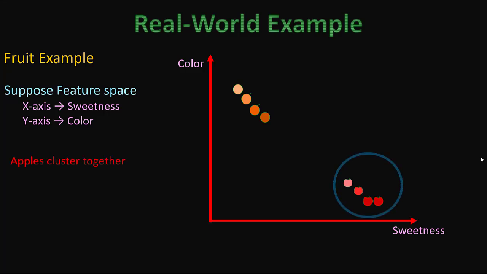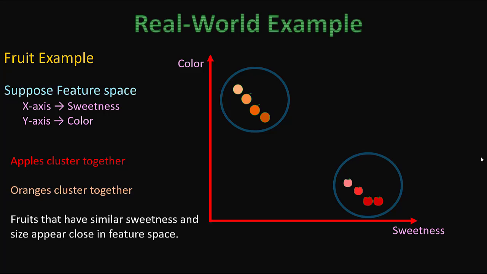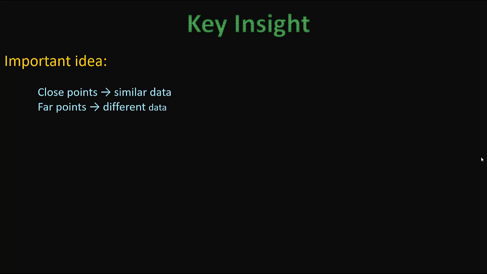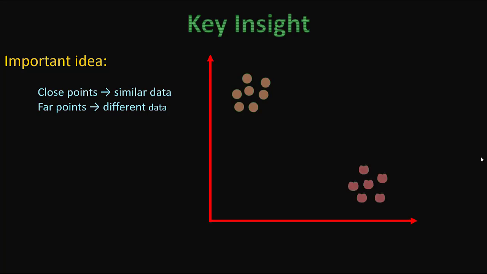Apples cluster together: they are sweeter and dark, that is red in color. Oranges cluster together. This is how similar fruits are close to each other and form a cluster. Fruits that have similar sweetness and color appear close in the feature space.